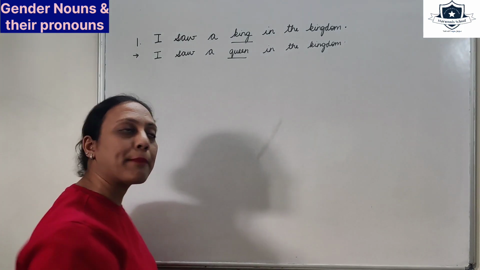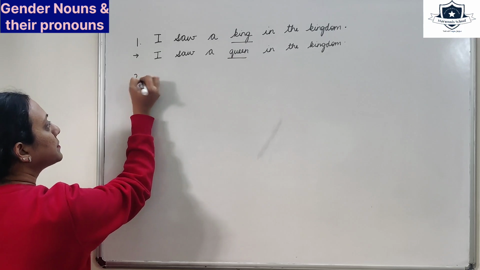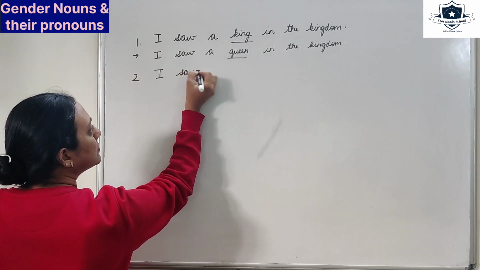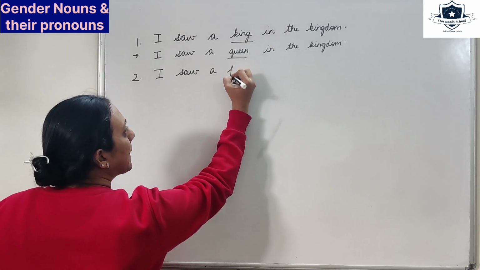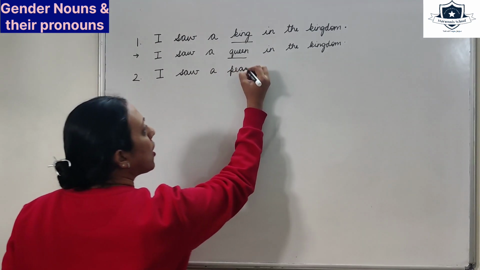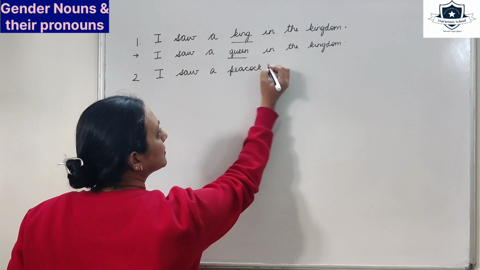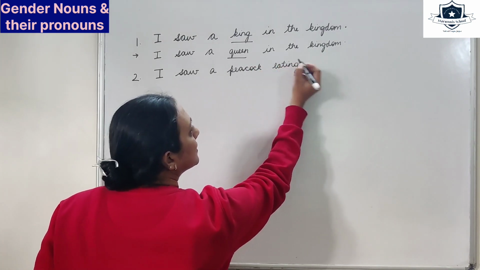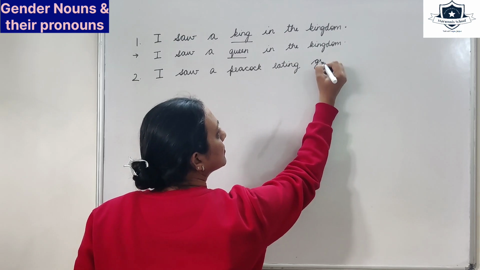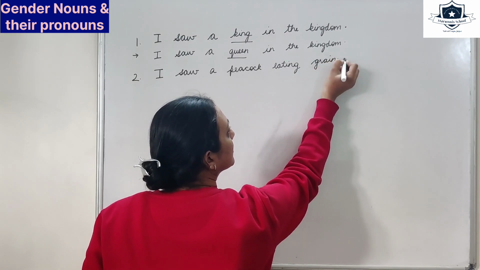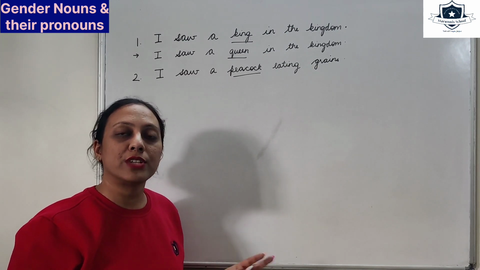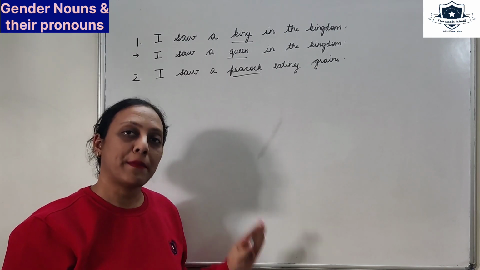We'll take another example. I saw a peacock eating grains. So peacock is the masculine noun. Now we have to change the sentence to feminine noun.